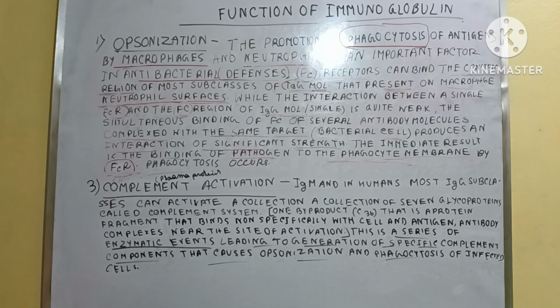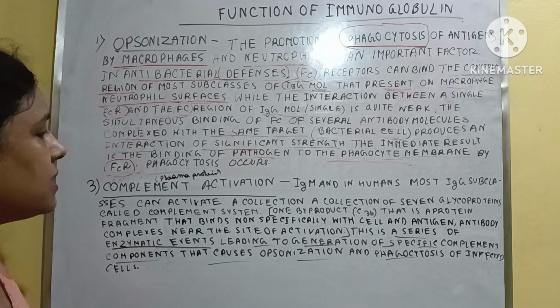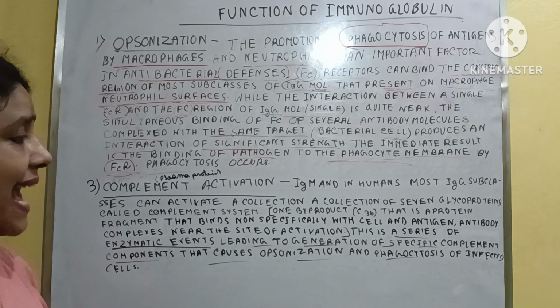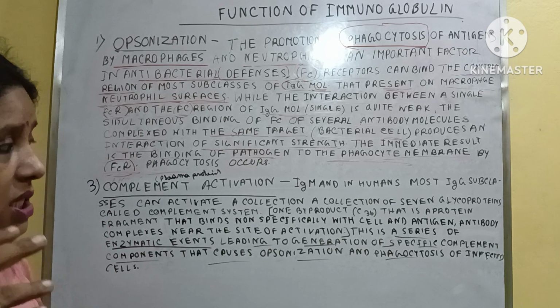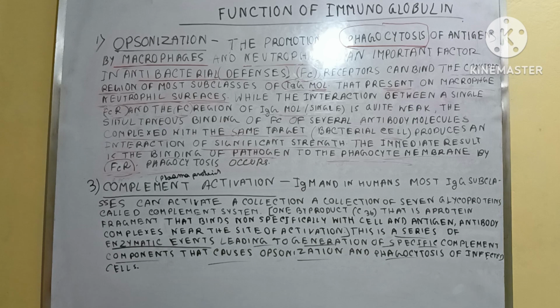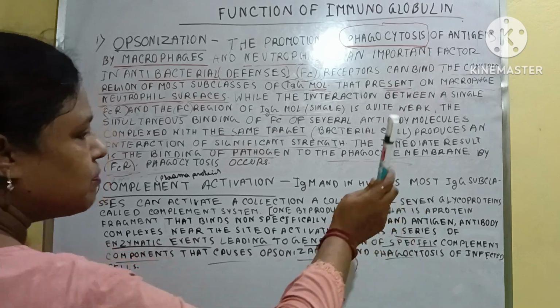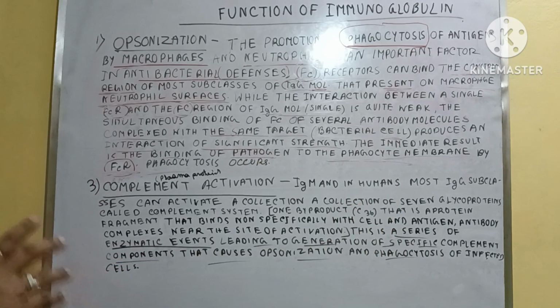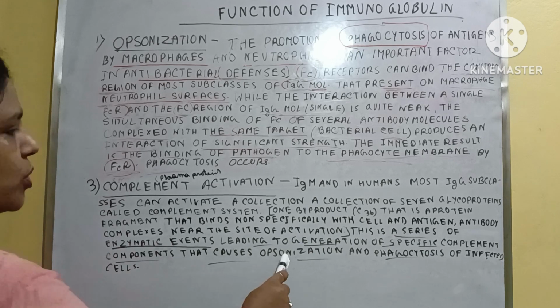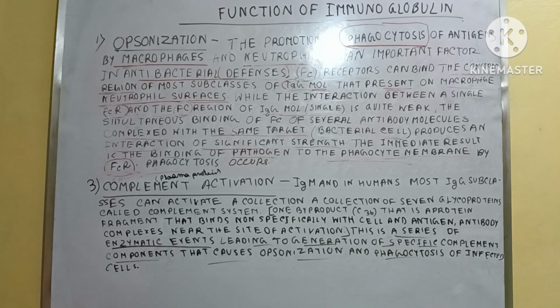In complement activation, not a single protein but a group of plasma proteins is involved, and a series of enzymatic activations occurs to produce a specific complement component, and this component causes the opsonization or the phagocytosis of the foreign particle.